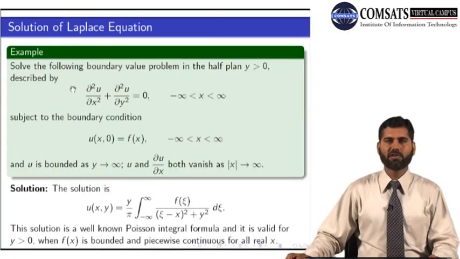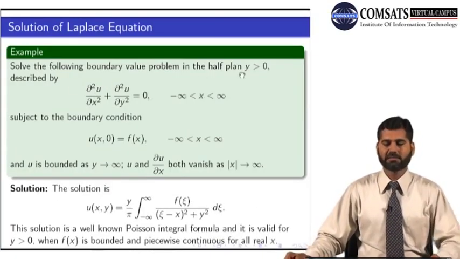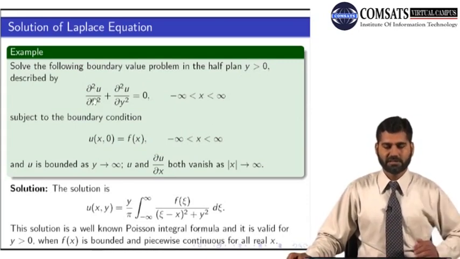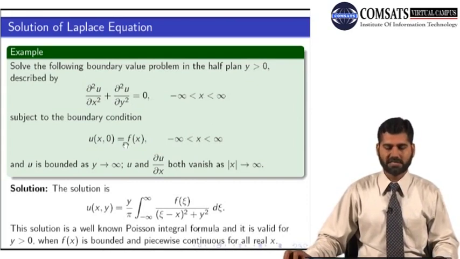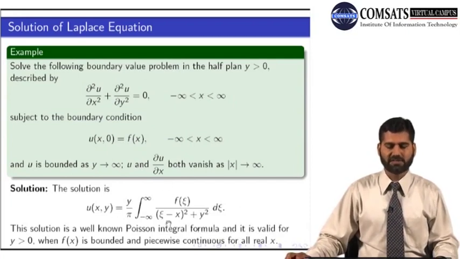We solved this boundary value problem in the half plane y greater than 0, described by this Laplace equation subject to this boundary condition, and we imposed other conditions as x and y go to infinity, and the solution is of this form, and we were able to prove exactly this form.